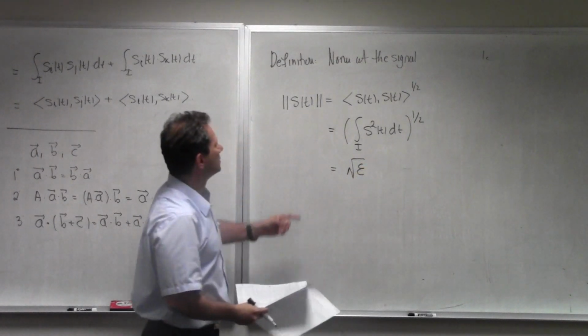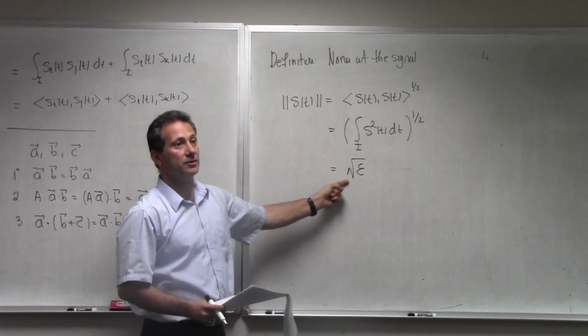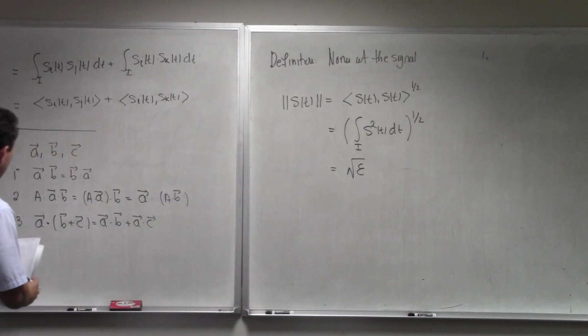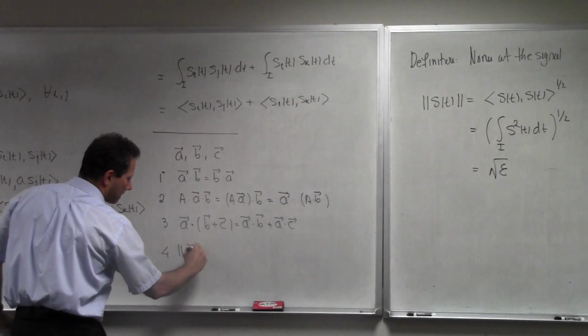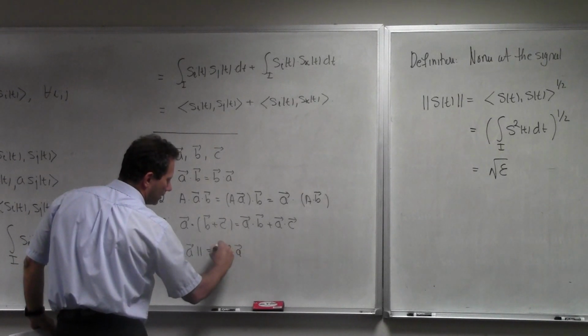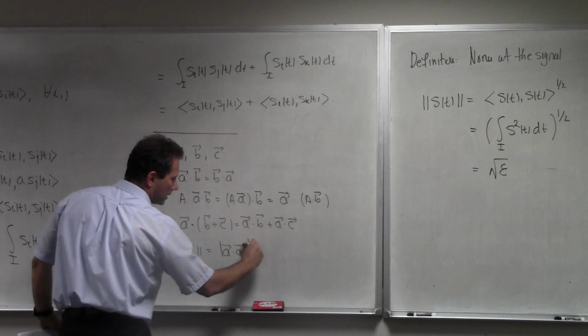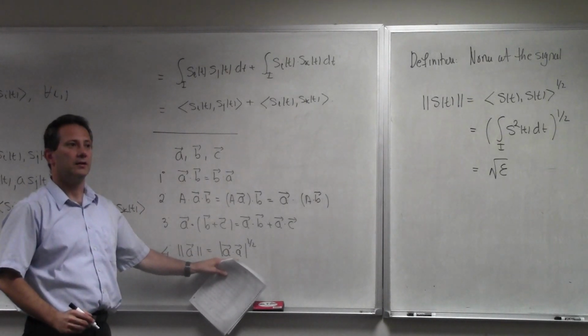So what is the equivalence? The norm of the signal is, I called it an energy. If we go back to this analogy here, I would say the norm of A is equal to A dot with A, taking the square root, right? Well, what is A in dot product with A?